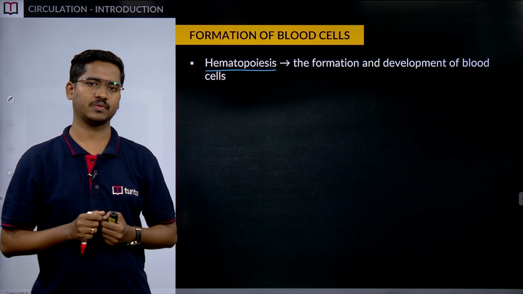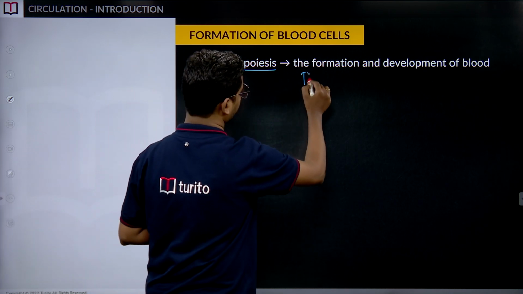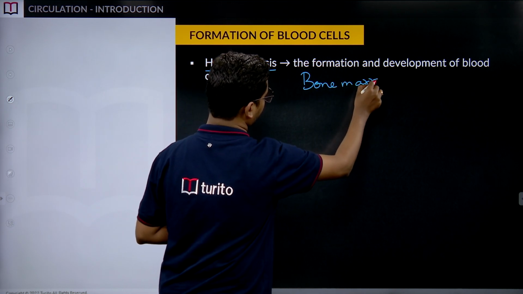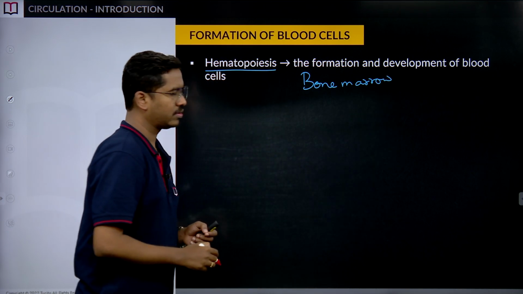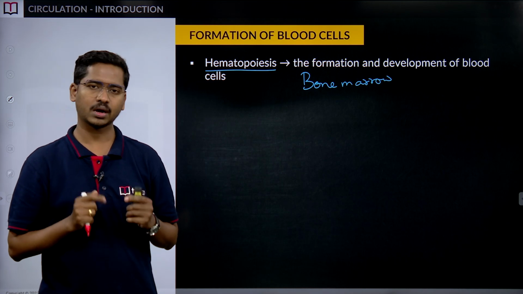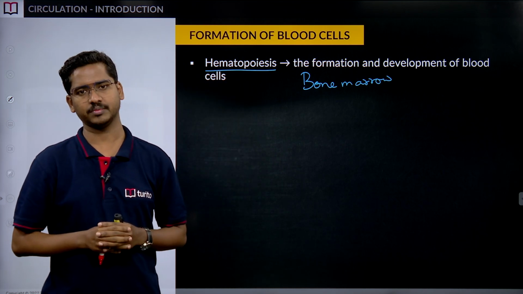Come on, think of it. Correct. So, some of you are saying that it is bone marrow. Okay, let us go a bit deeper now. Can you tell me which type of bone marrow accounts for hematopoiesis or formation of blood?